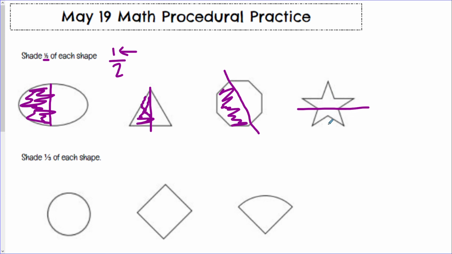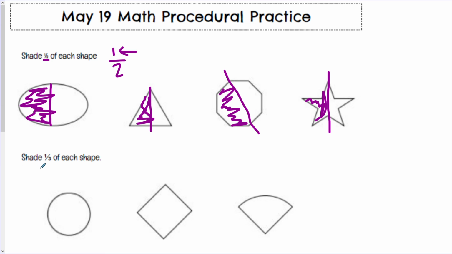Are those the same size? No. Are they the same shape? No. So that won't work. So remember, we have to make sure they're the same shape, same size. So cut it right down the center right here. And again, coloring in the 1/2.